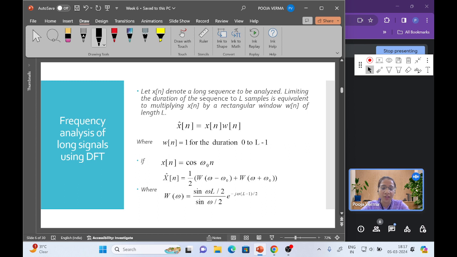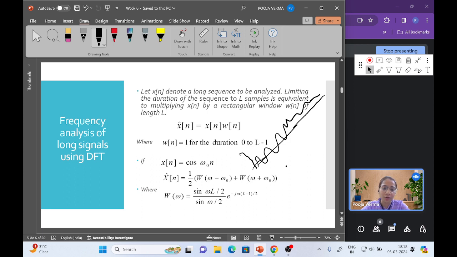Let x(n) denote a long sequence to be analyzed. Limiting the duration of the sequence to L samples is equivalent to multiplying x(n) by a rectangular window w(n) of length L. Let there be a very long sequence like this. Now how can we analyze this long sequence at every instant of time?